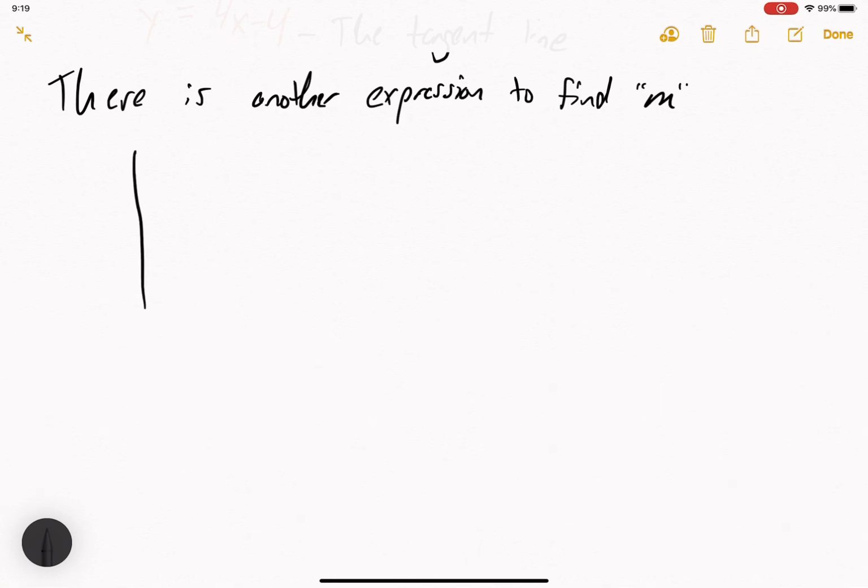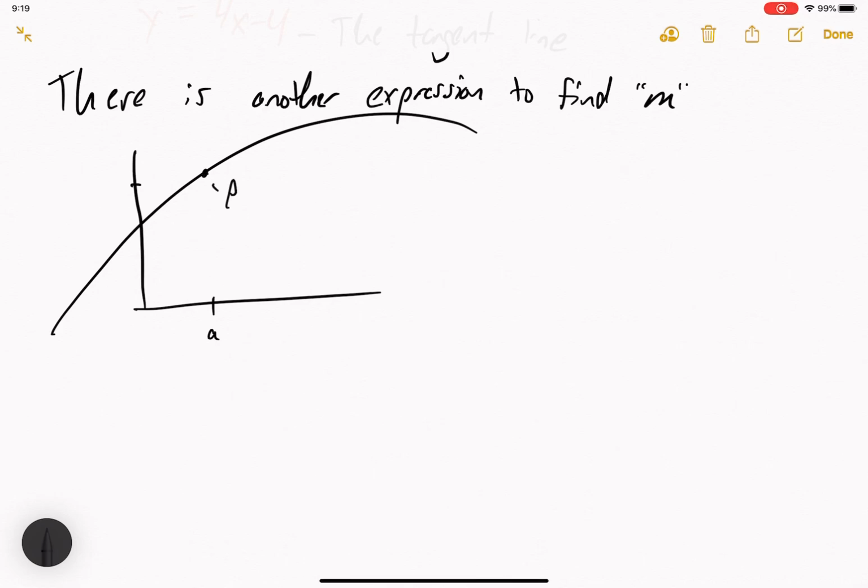But the idea of this new way to do it that might be easier to work with is that here we have point A. So if we have a curve again, this will be our point P, which will be (A, f of A). And instead of just calling something x, we just move over.